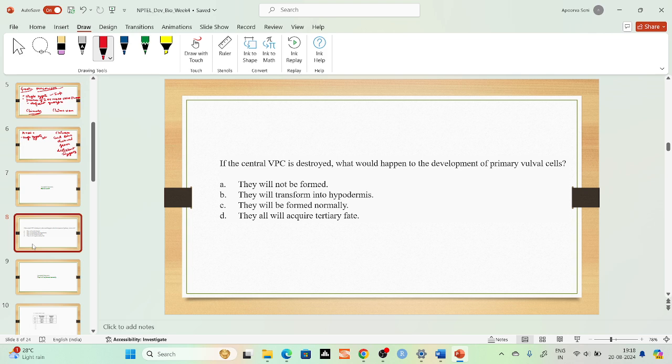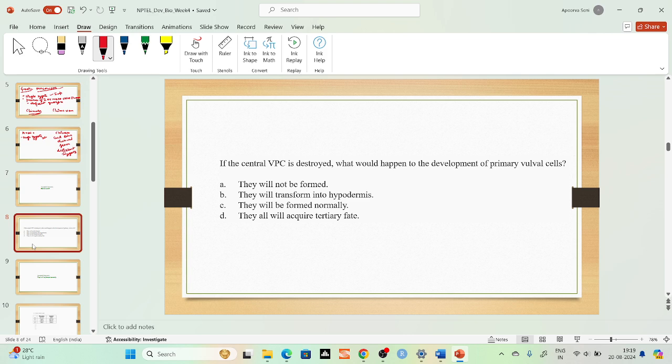Here we'll concentrate on lin 3 and lin 12. And lin 3 is a gene which encodes a ligand which acts on the vulval precursor cell and induces vulval development. Okay.